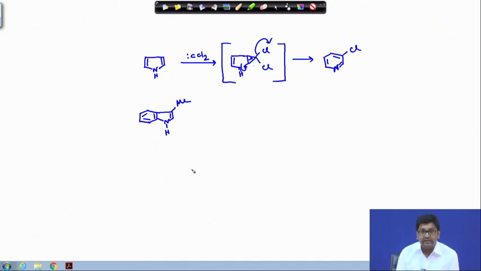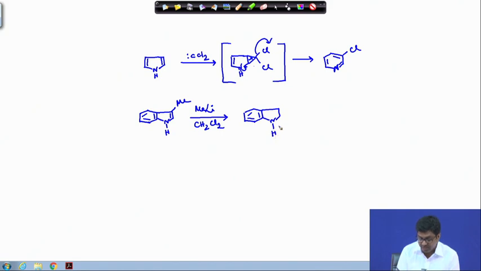So, here we have taken the 3-position methyl substituted indole moiety. Now, if we take methyl lithium as base and the carbene precursor as dichloromethane, okay, so now if we treat it under these conditions, then what will happen?